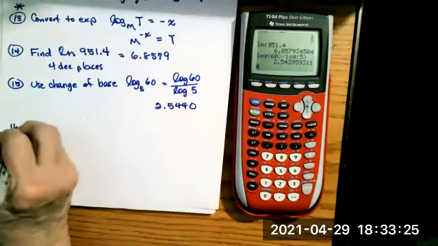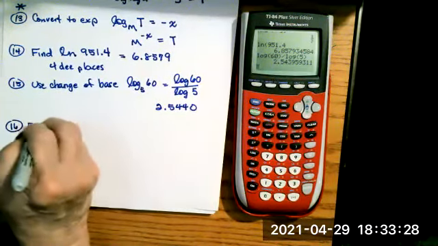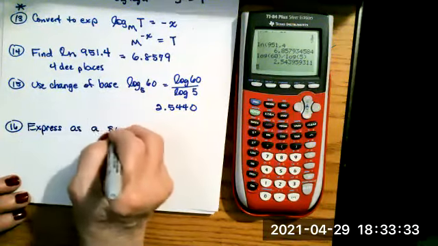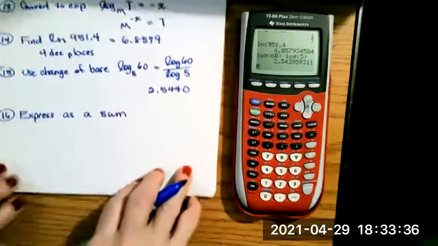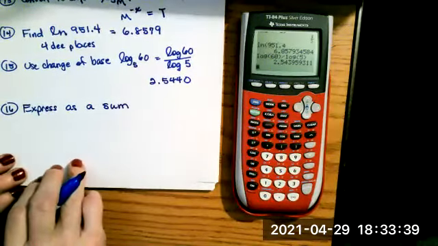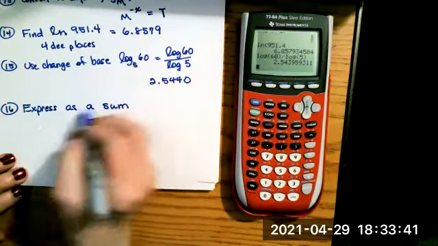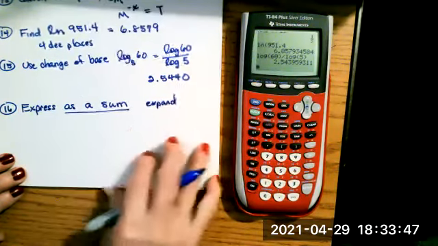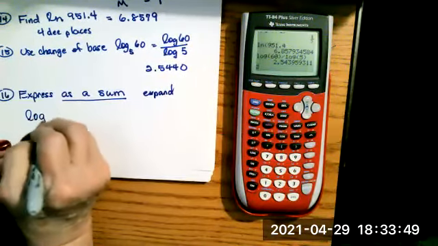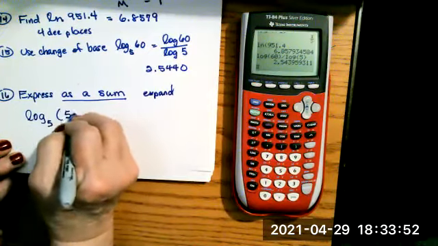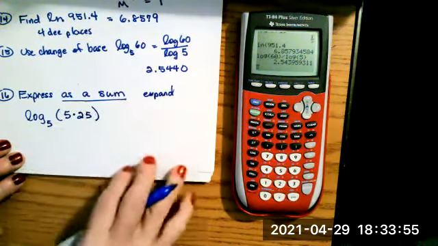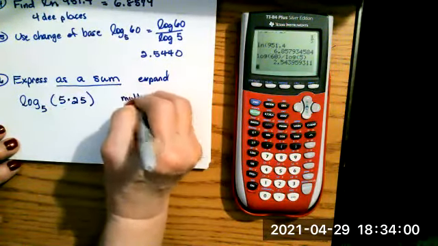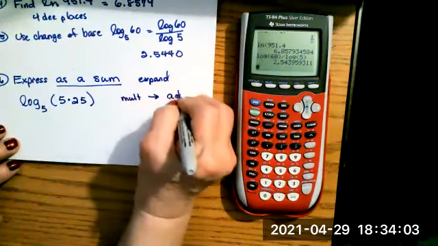Let's try 16. Whoever asked that question, did you get this? Did you get Shaquila? I did get Shaquila. Thank you. Express as a sum. See how it says that? That lets you know that you want to expand it. And it gives you log base 5, and in parentheses it says 5 times 25. Now, because that's multiplied, what you're going to do is change that to added.